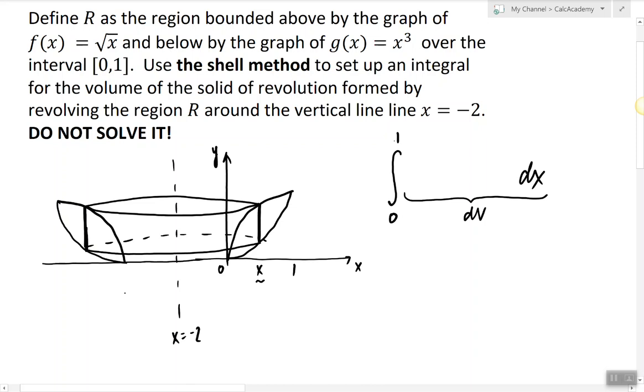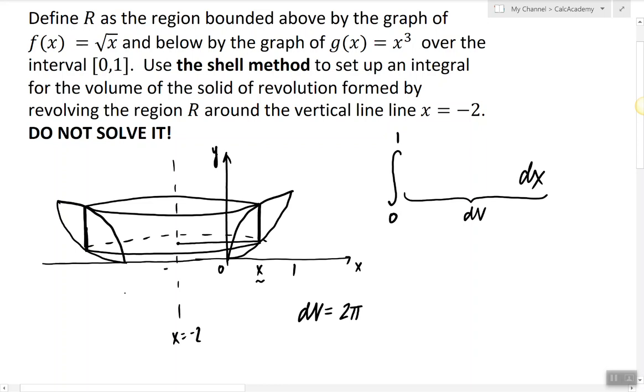Now dV is the volume of the shell, and we know that the volume of the shell once the shell is cut up is equal to 2 pi, the radius of the shell. To look at the radius of the shell on the picture, we have to look for the distance between the edge of the shell and the axis of rotation.